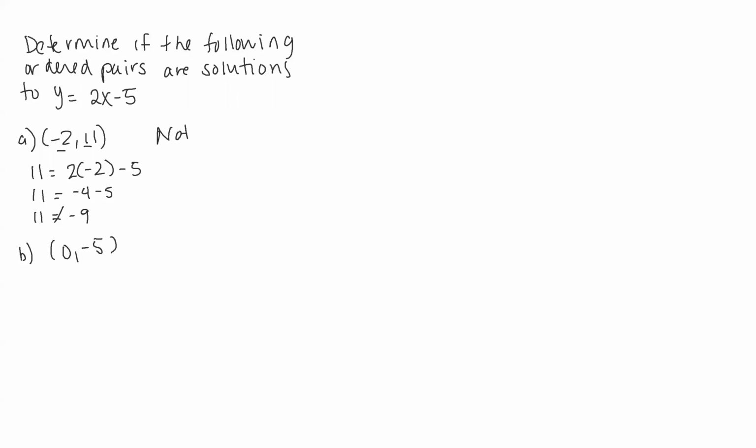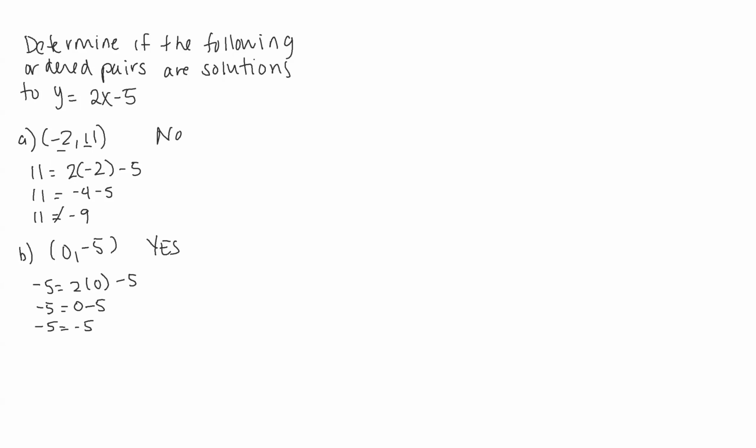So in this particular case, x is 0 and y is -5. So I'm going to plug those into the original equation. So 0 is going to be x, -5 is going to be my y. Now 2 times 0 is 0. So I get -5 equals 0 minus 5, or -5 equals -5. That's true. That's a true statement. So we would put yes right here.